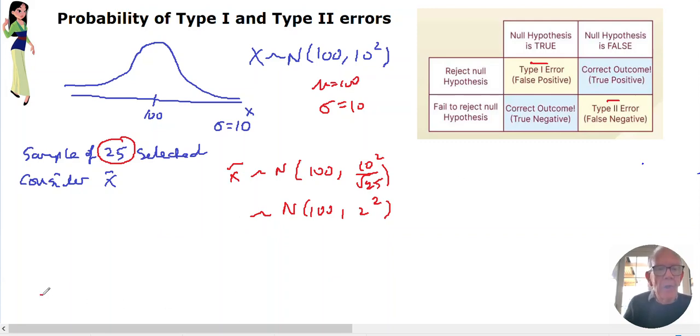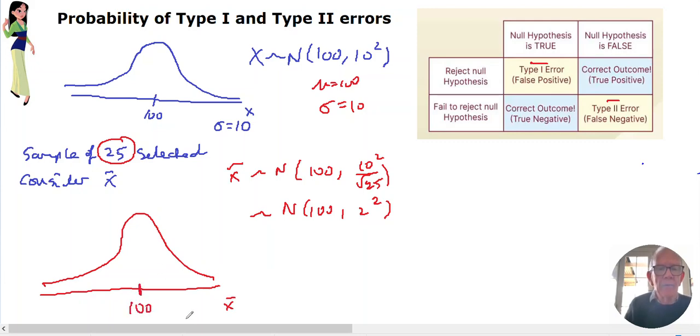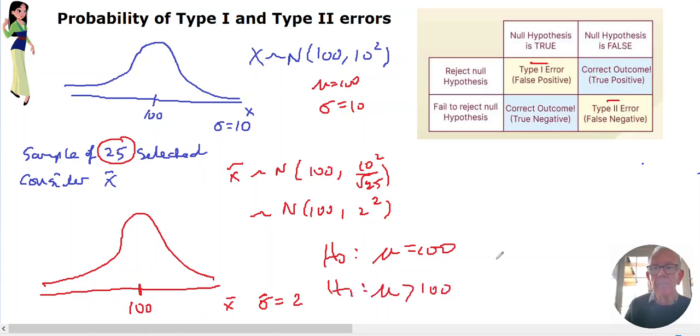So we have our X bar, our sample mean, of 100, with a standard deviation for the sample of 2. And H0 is that the mean is 100, and H1, the alternative, is that the mean is bigger than 100.